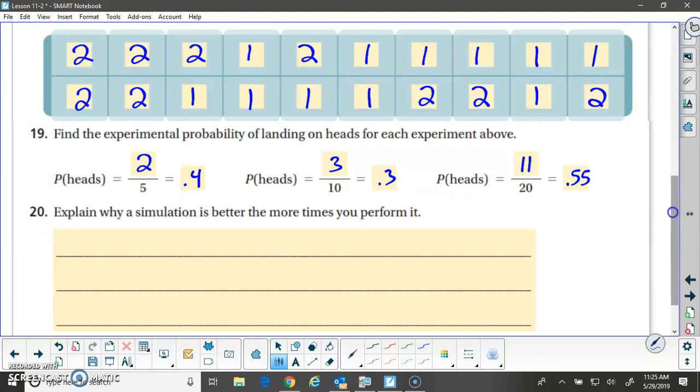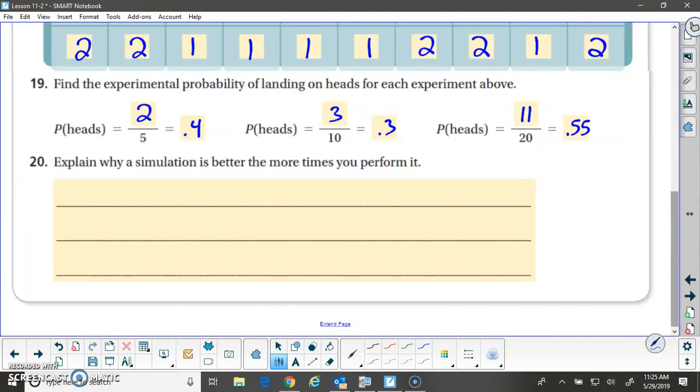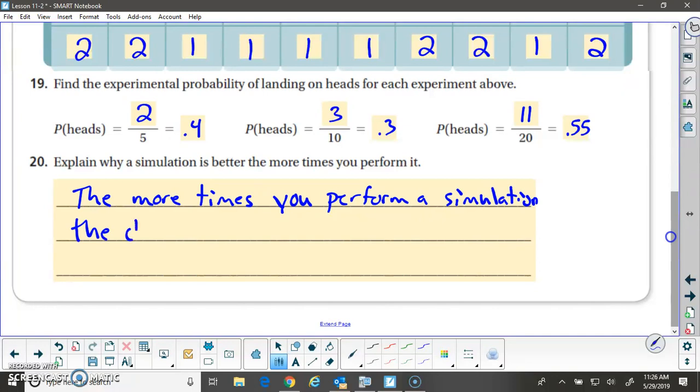So the question at the bottom says, explain why a simulation is better the more times you perform it. And the answer is, the more times you perform it, the closer the experimental probability gets to the theoretical probability.